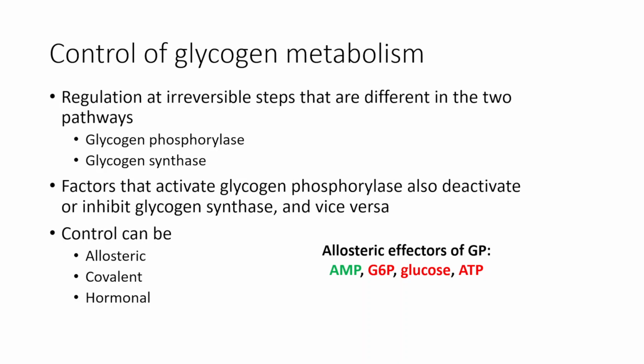So AMP, which was indicative of low energy levels, helped to activate glycogen phosphorylase to help free up glucose to be used in glycolysis to eventually create more energy currency for the cell. And then we had those allosteric inhibitors, glucose 6-phosphate, glucose, and ATP, which all indicated either high glucose levels or high energy levels, indicating that glycogen does not need to be broken down because there's already sufficient energy or glucose available. On the other hand, we have the allosteric effectors of glycogen synthase. And the one main one here is glucose 6-phosphate, which activates glycogen synthase.